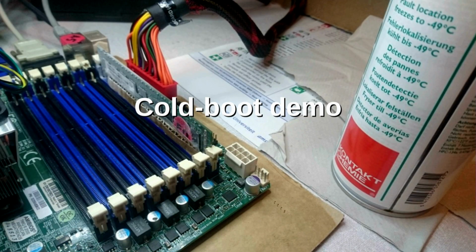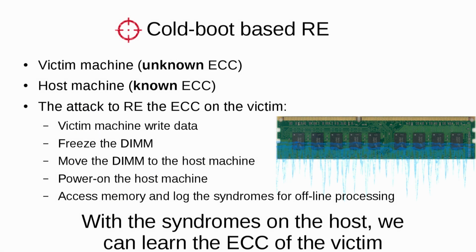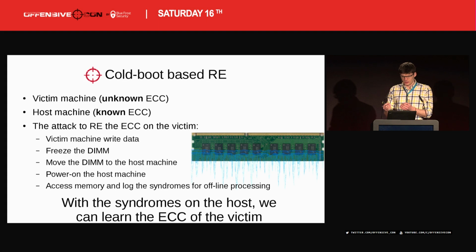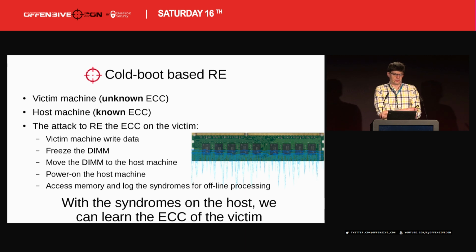The idea is that we know the data that we just wrote, we know the data that we just observed, and we know the ECC function of the host machine. Everything is again based on XOR operations, and we can recover the ECC on the victim machine. So this is a recap: we gather the syndromes on the host, and we can learn the victim's ECC by applying those equations. So this was the cold boot attack.